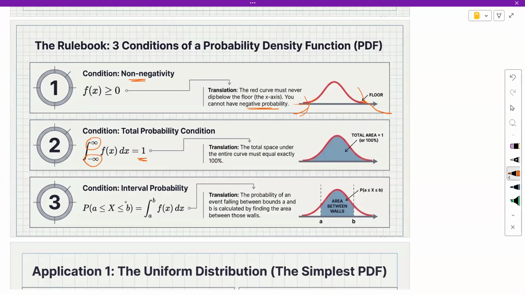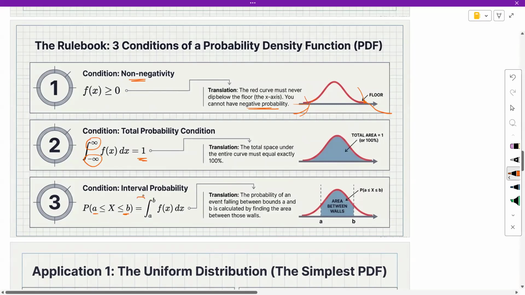Condition number 3, interval probability. Here, this is the total area, 100%. Any area between 2 walls, any range, has some probability. Here, the probability of x between A and B. So we can find the probability like this.